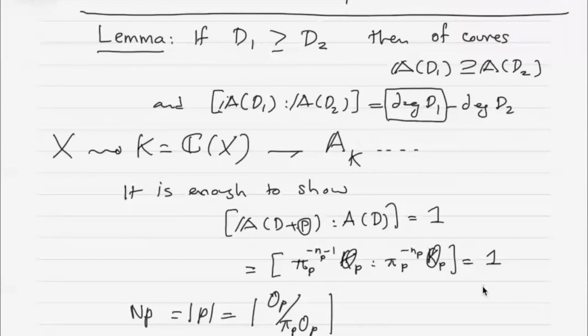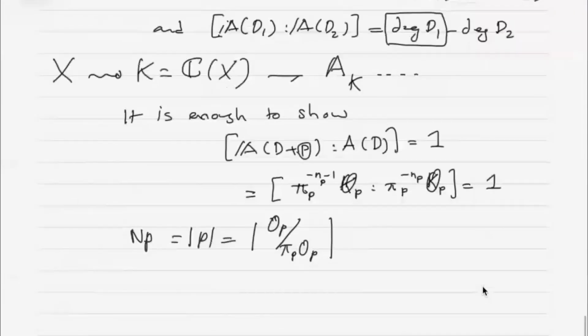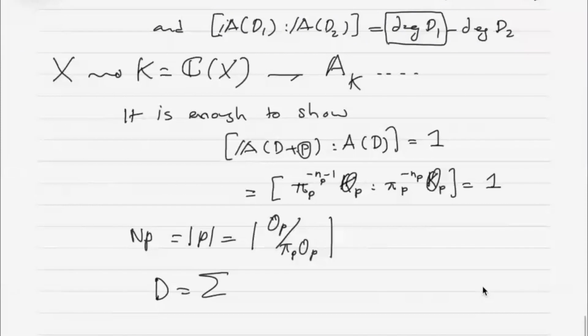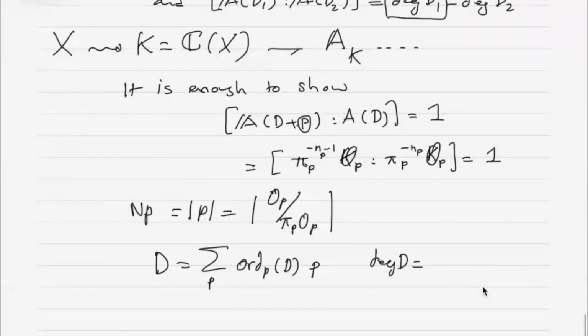So I have to define these numbers, and then when you have a divisor given by the sum of ord_P(E) times P, then the degree of this divisor, instead of just being the sum of the ord_P, I have to multiply with these numbers for each P. I've forgotten what the terminology is for this.